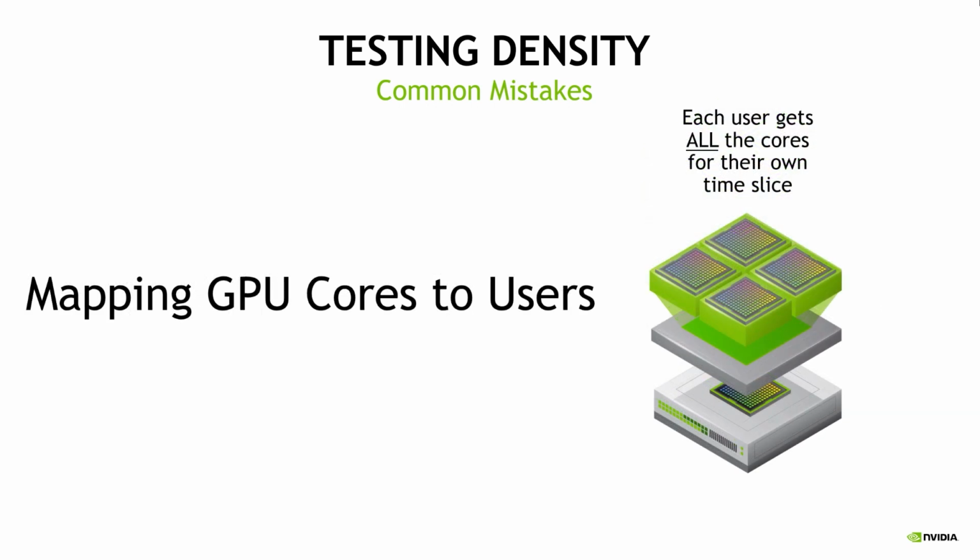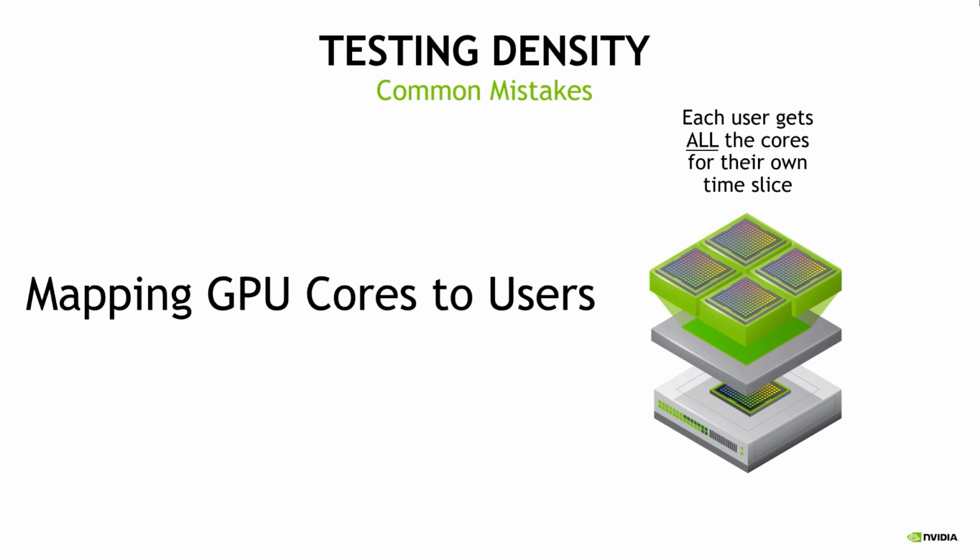Another common mistake that I see people doing when looking at the specifications for GPUs is they'll say, well, this GPU's got 2,500 CUDA cores. So does that mean I can split that by 10 users and get 250 cores each? Well, the answer to that is no, because underneath our virtual machines with virtual GPU, we have something called the scheduler, and the scheduler will schedule work across that GPU.